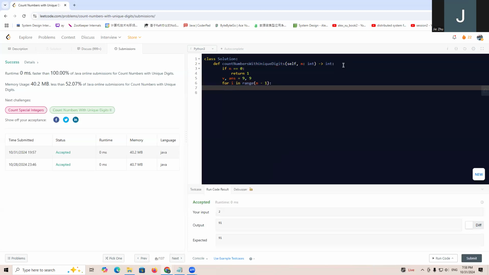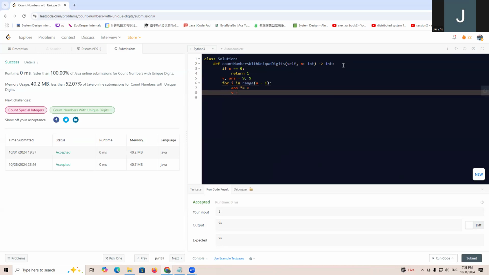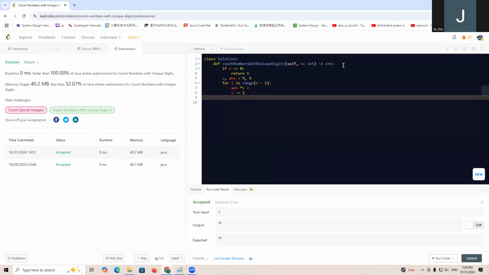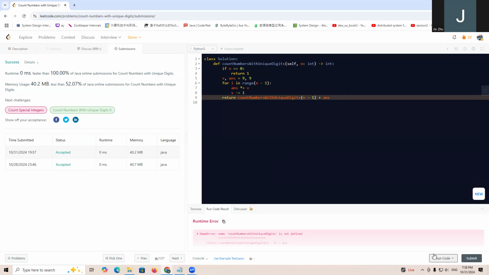And we'll have answer multiplied by v, and v minus equal to 1. And return the count for n minus 1 plus answer.